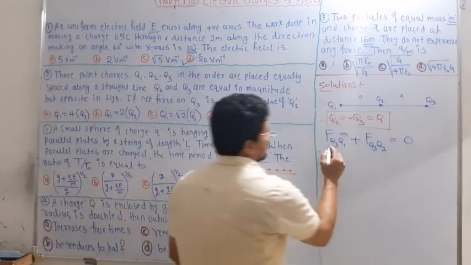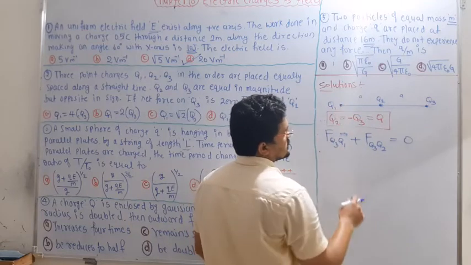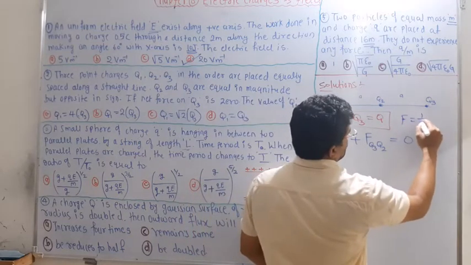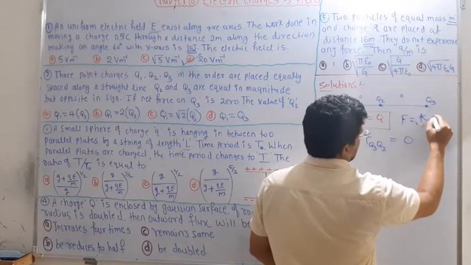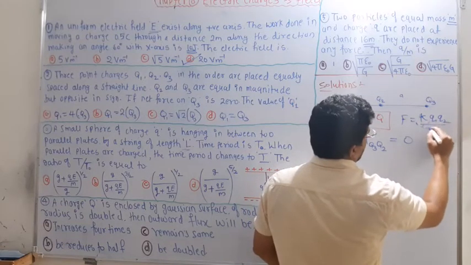We know the electrostatic force between two charges is F equal to 1 upon 4 pi epsilon naught, or you can write K, Q1 Q2 by R square.